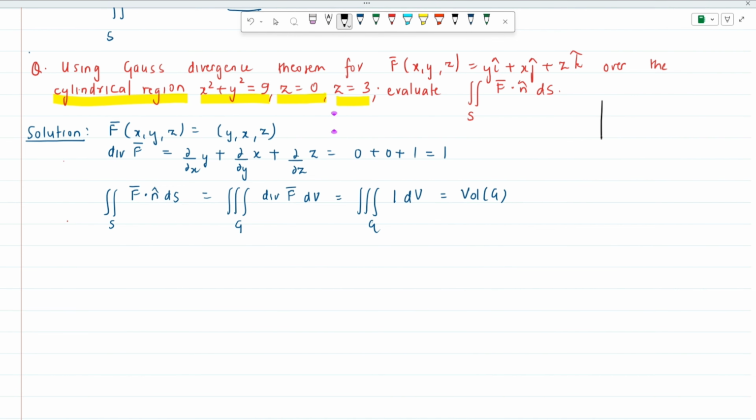And if we have a look at the geometry of this, it is going to be a cylinder like this.